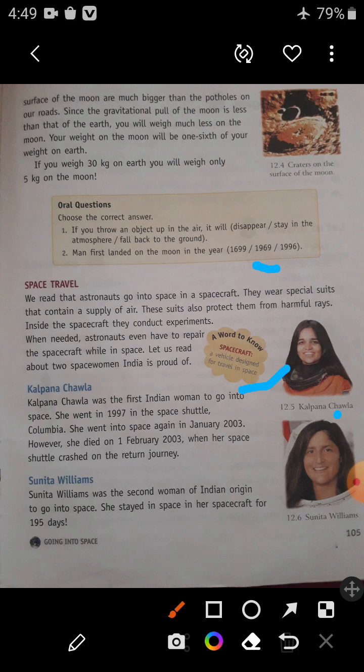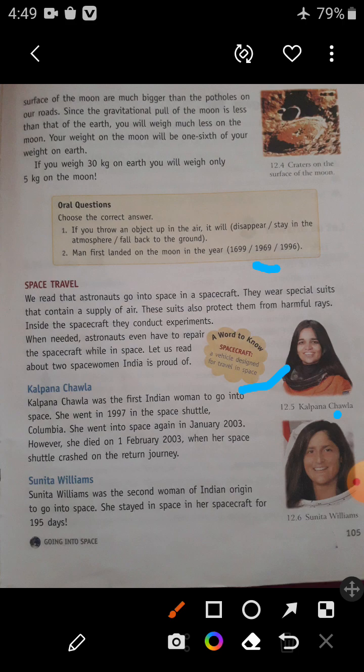And inside the spacecraft, astronauts conduct experiments, and when needed, they repair their spacecraft while in space. Now let us read about the two spacewomen India is proud of.